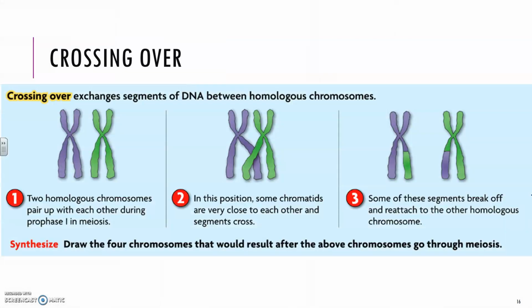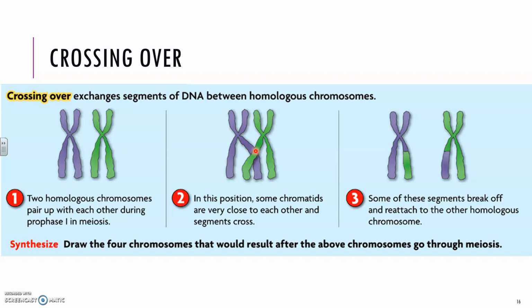All right, so let's look at crossing over. Two homologous chromosomes will pair up with each other during prophase 1 in meiosis. At this point, the chromatids are really close to each other, and so the segments will cross. They get a little tangled up with each other.